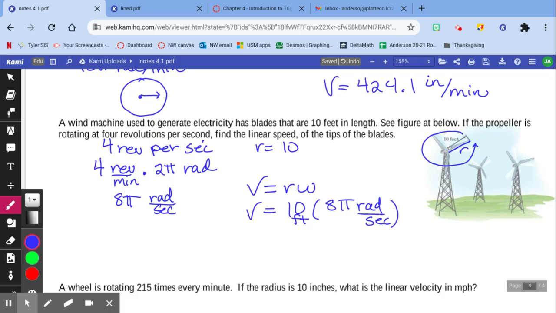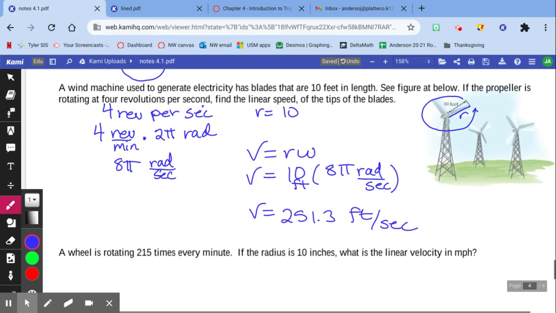And so now I will have 80 pi, or I will have 251.3 feet per second. So once you get the idea of how to do your conversions from revolutions into radians, really inputting it into the formula isn't too hard.